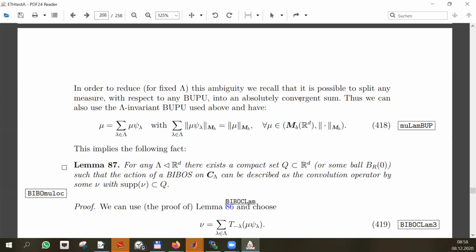If you have understood this principle, then you can understand that if you are taking now for the fixed lambda periodicity a lambda bupu, as we have done it so often now, and we decompose a given measure into this, then we can do the reverse. We can say, well, mu psi lambda is living near set lattice points 5 to 6, 10 to 12, 10 to 11, 99 to 100 or so, but what we do, we shift them backwards.